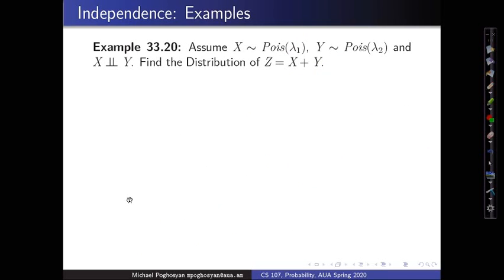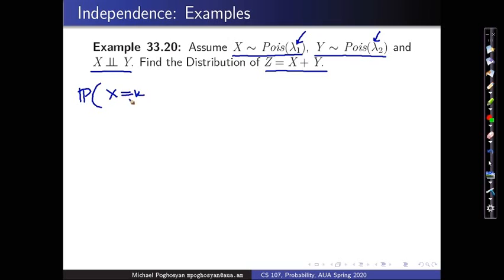Okay, so x is Poisson, y is Poisson with different parameters, and x is independent of y. So find the distribution of z, which is x plus y. Let me just recall the definition of the Poisson distribution.